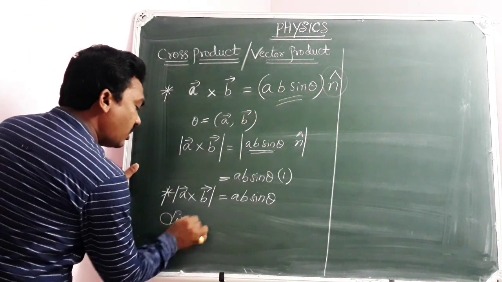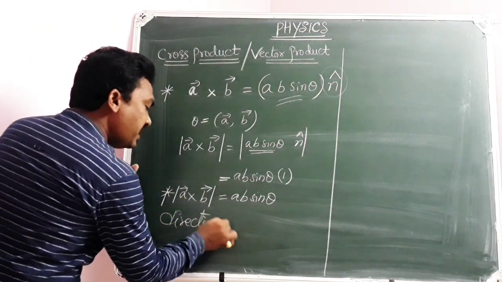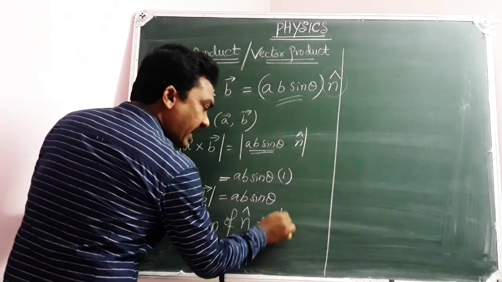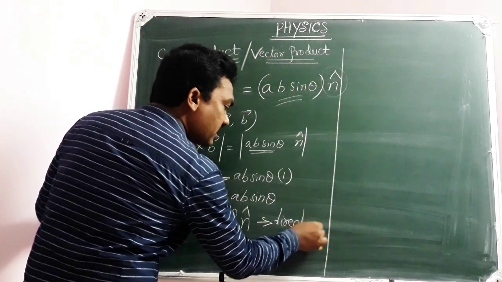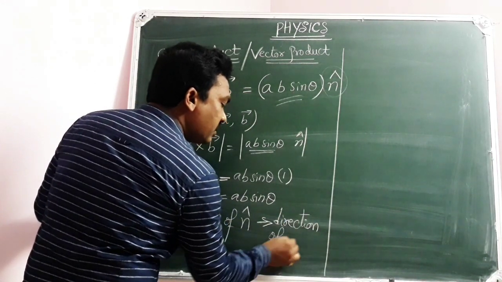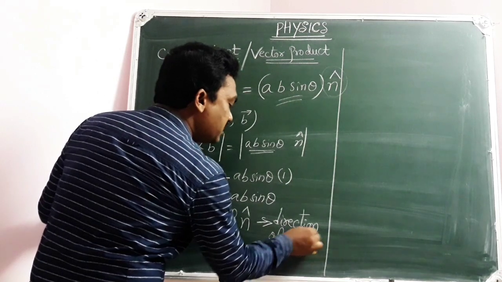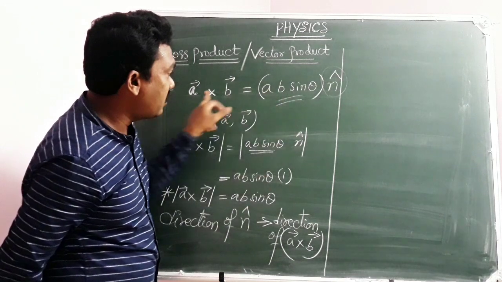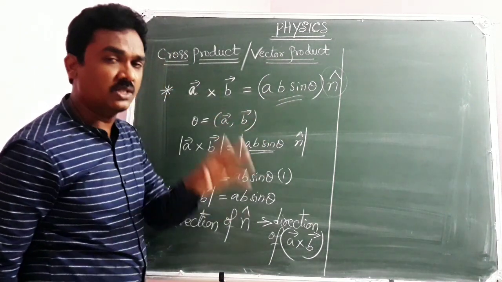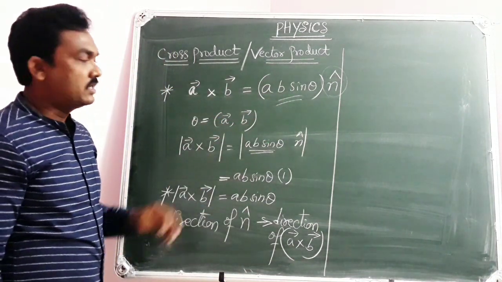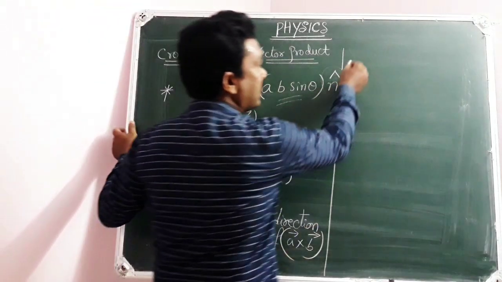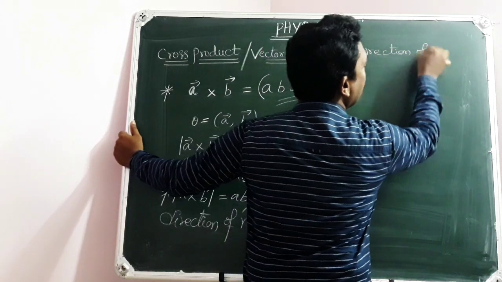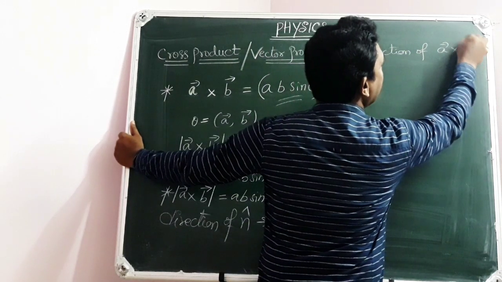The direction of n cap should be known, which is very important, because it gives the direction of a bar cross b bar, which is a vector physical quantity. That direction of a bar cross b bar can be assessed using the right hand rule.